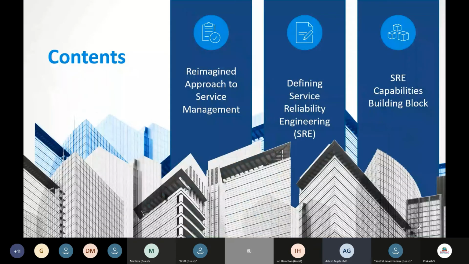Today we're going to focus on the reimagined approach to service management. We'll look at how service management has changed over the last couple of years, then deep dive into how service reliability engineering can best be defined, and then the capability building blocks of SRE, which would be the key takeaways for the people on the call.